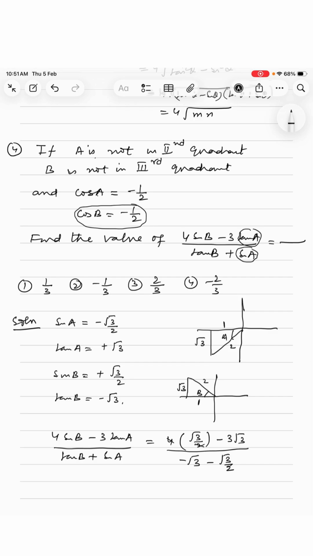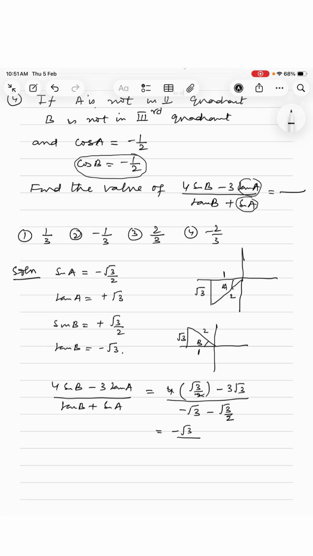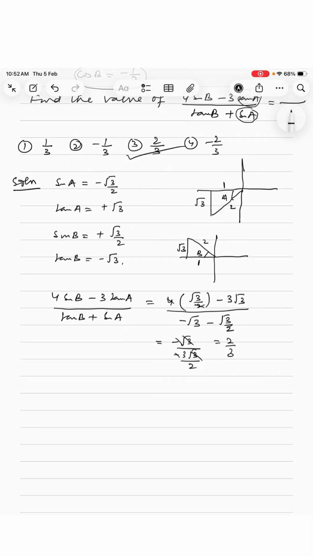Therefore here we get 2 root 3 minus 3 root 3, which is minus root 3, divided by minus root 3 minus root 3 by 2, which becomes minus 3 root 3 by 2. So root 3 cancels, minus and minus. Therefore answer is 2. Therefore correct answer for the problem is the third option.